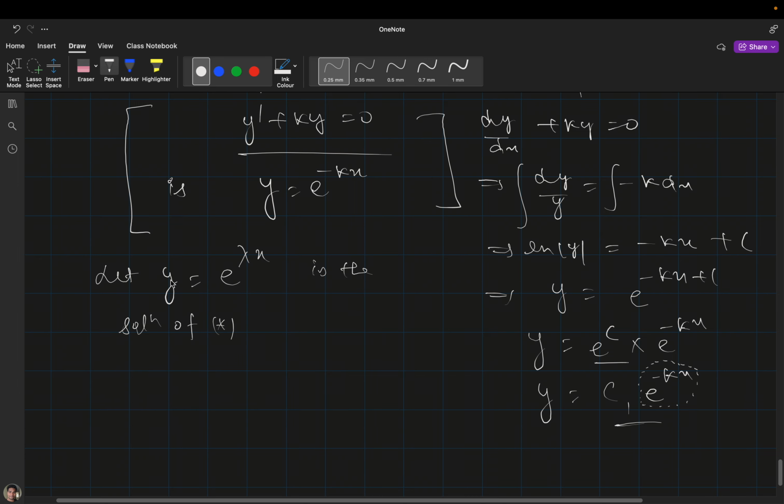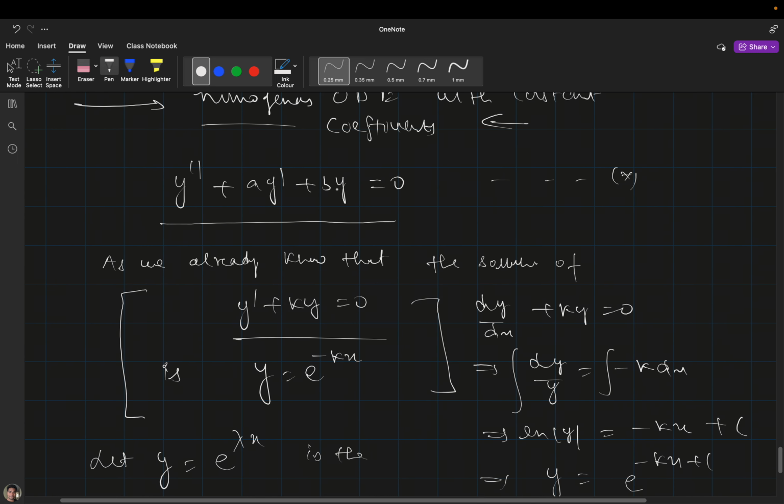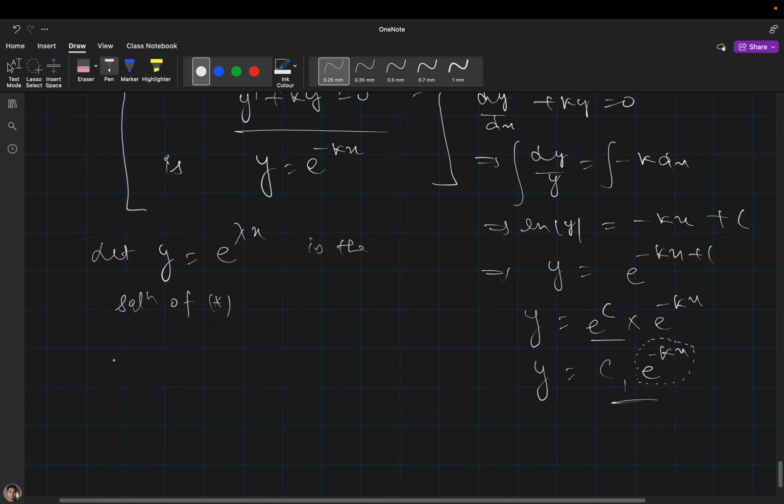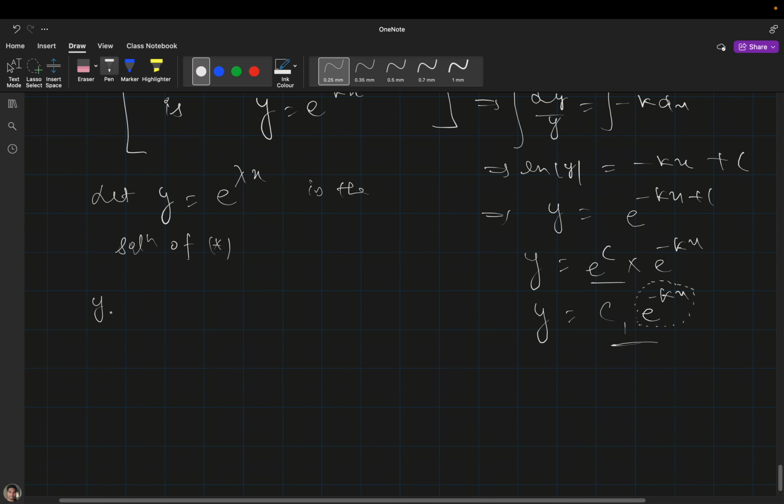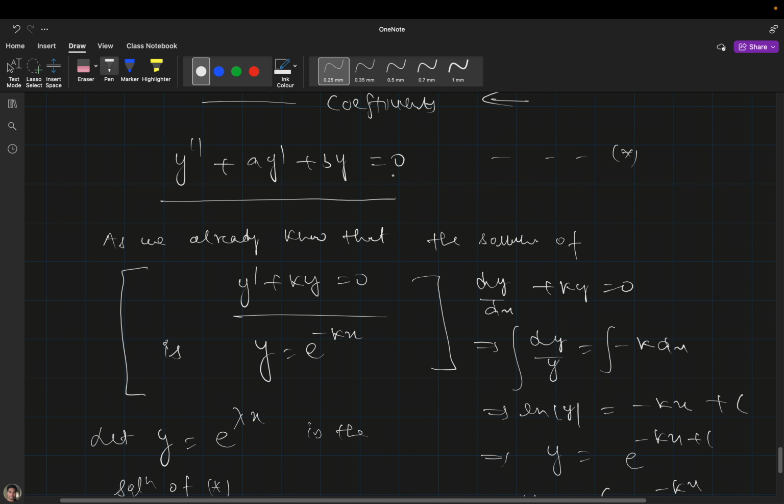First I will get the first derivative, that will be lambda times e raised to the power lambda x. The second derivative will be lambda square e raised to the power lambda x. Now plug these two into here.